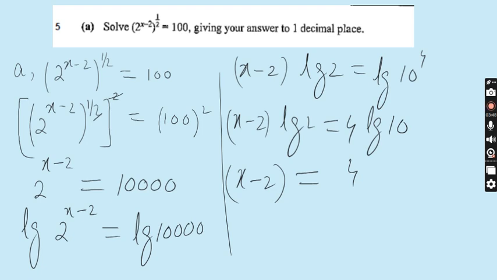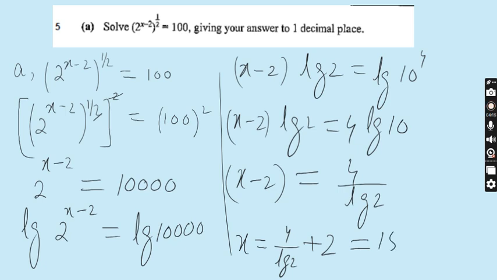LG stands for log with base 10, and you can confirm from your calculator log 10 is 1. So x minus 2 times log 2 is equals to 4, and this log 2 should be divided by 4, or x minus 2 is equals to 4 upon log 2. This negative 2 of left hand side should be positive 2 on right hand side.